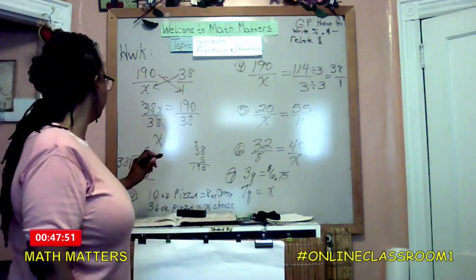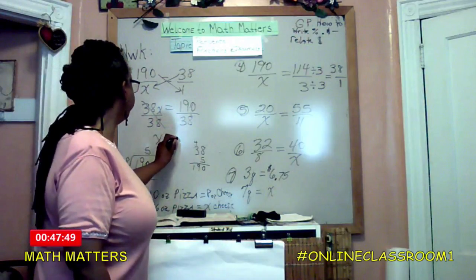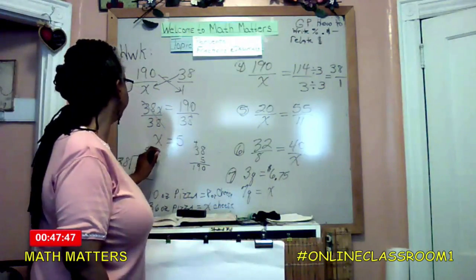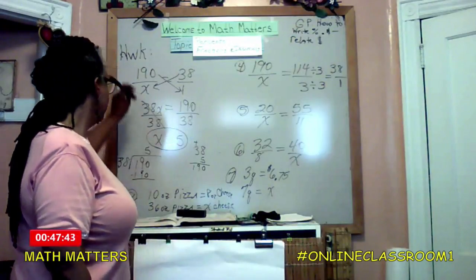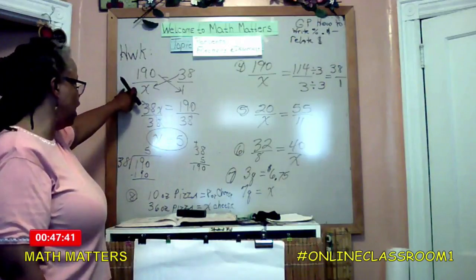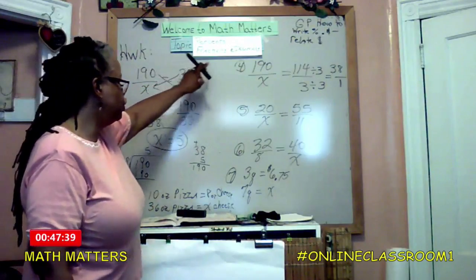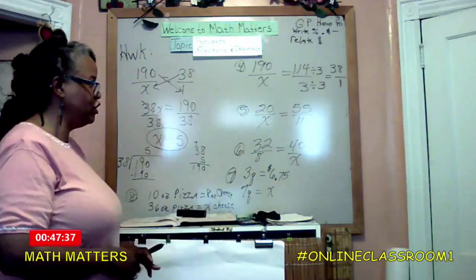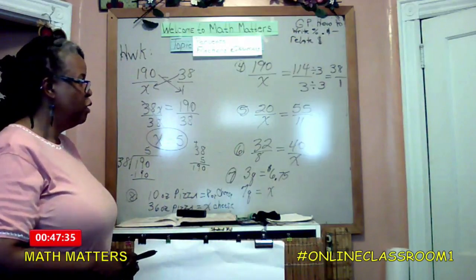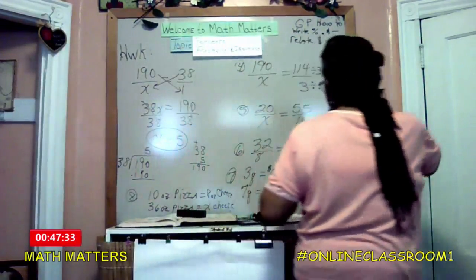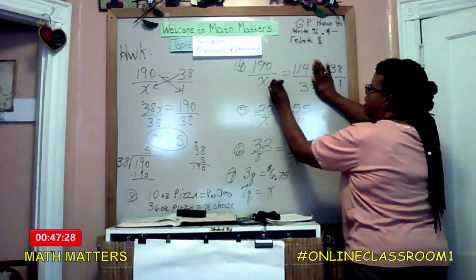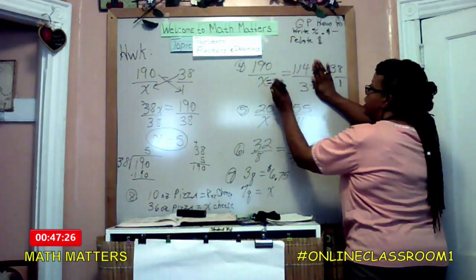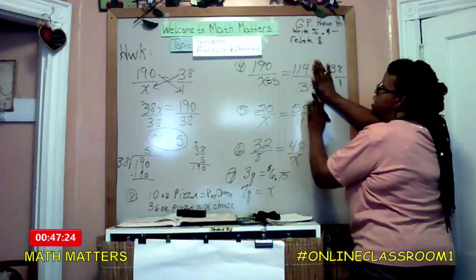Okay. So the answer is 5. So 190 is to 5 as 114 is to 3. We go back to our original problem: 190 is to 5 as 114 is to 3.